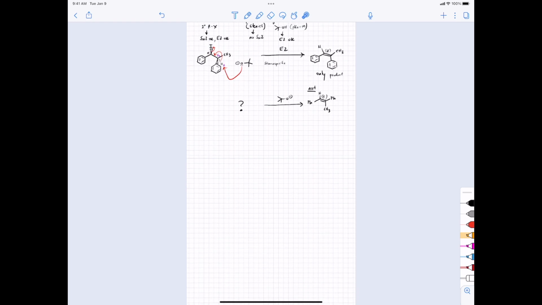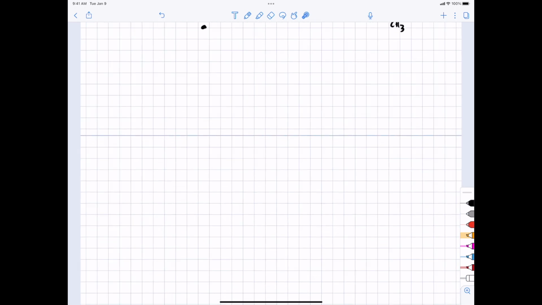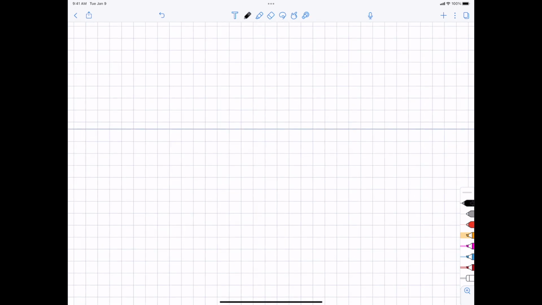However, what if we have a situation like this? What if we have a tertiary alkyl halide and something that is a good nucleophile but not a good base?